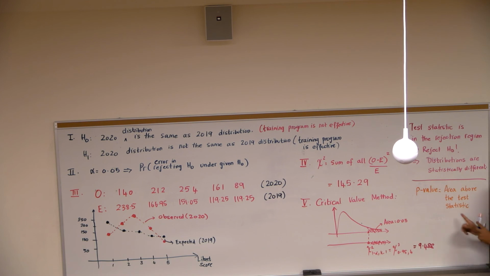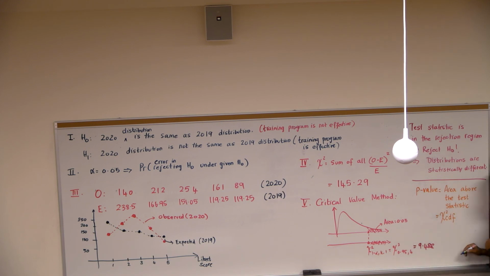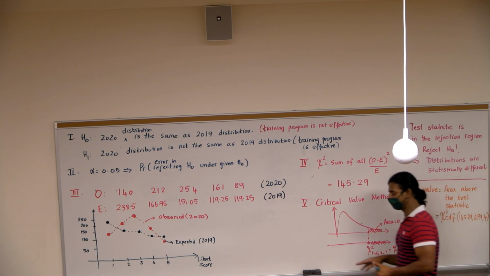We will see. What did we use last time to find this? We use chi-squared CDF. (145.29) all the way up to infinity, comma k minus 1, which is the degrees of freedom.